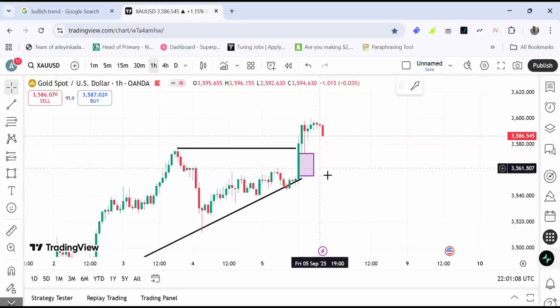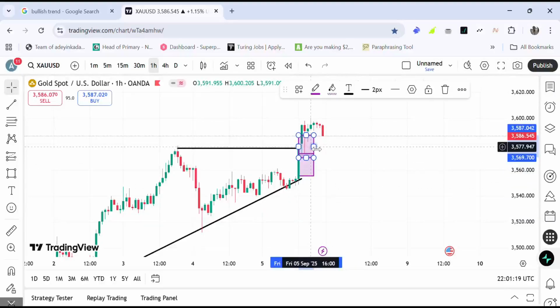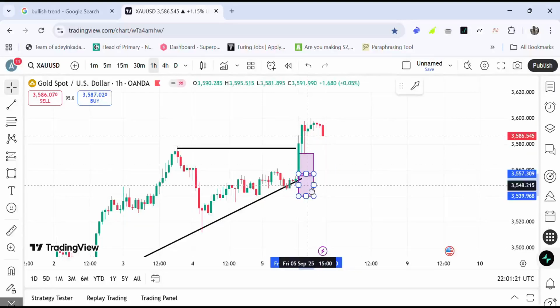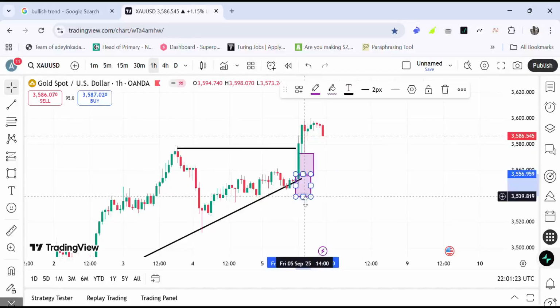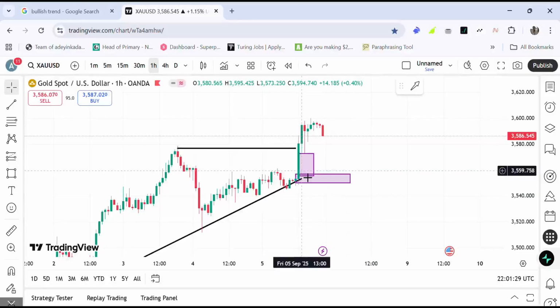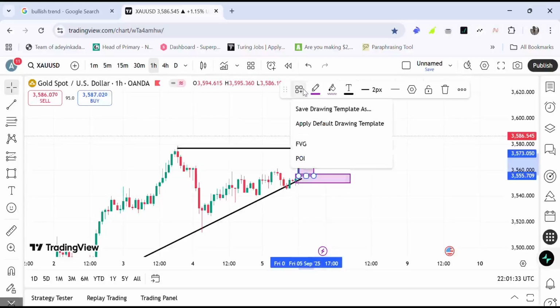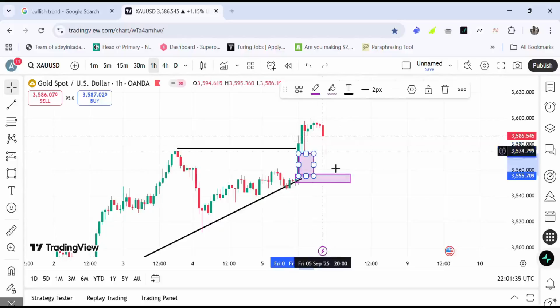Then what causes this push to the upside? You can map this place out as what actually caused the push to the upside. Though there is more to it, I'm just trying to explain the basic part of it. So you can call this place our FVG.